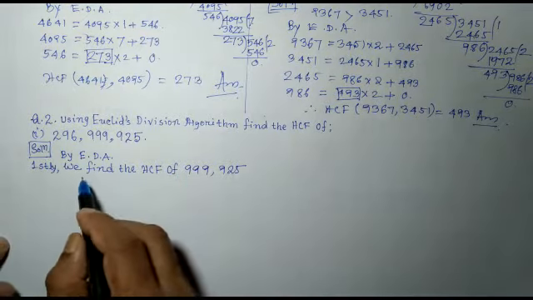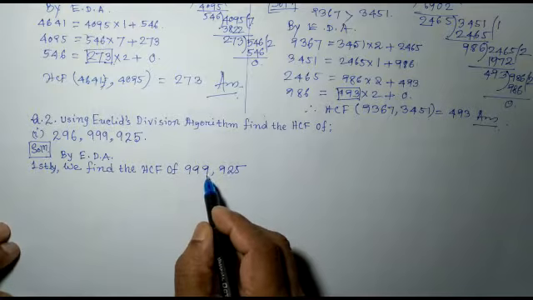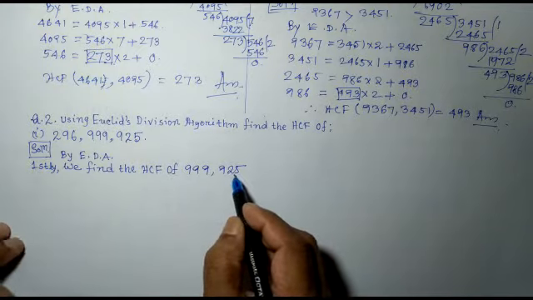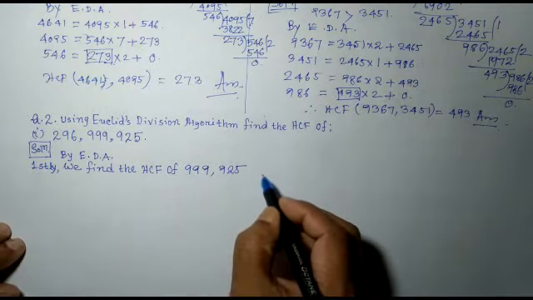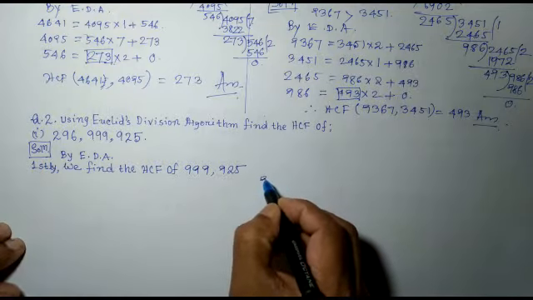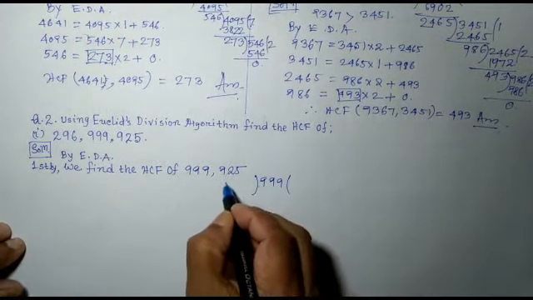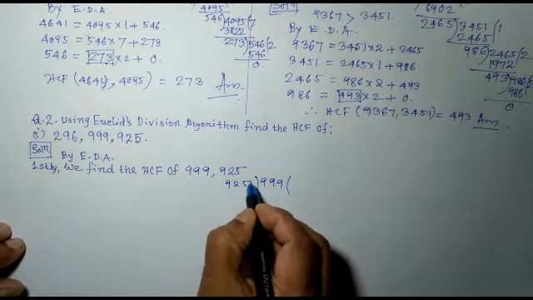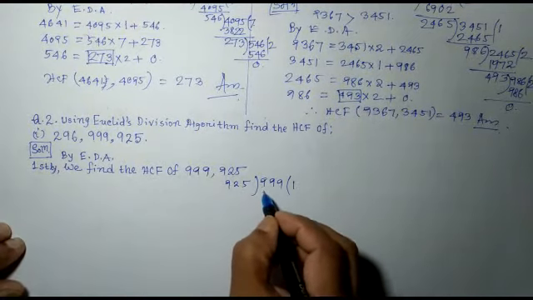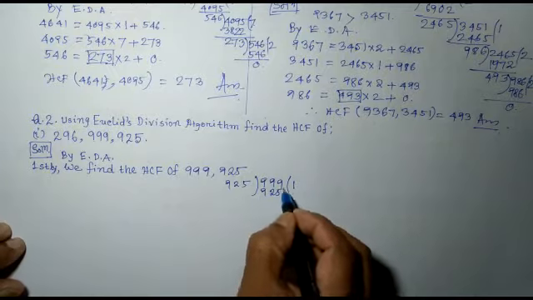So we have written here, first we find the H.C.F of 999 and 925. We divide the bigger number 999 by 925. Only one time it will go, it is 925.